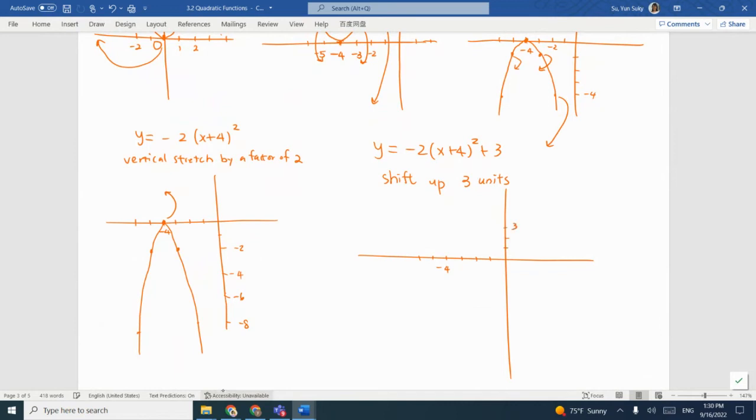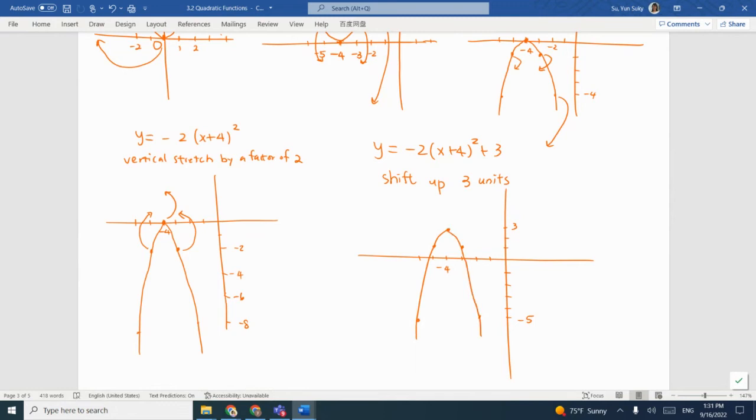And this shifted up 3 units, you get 1, right? And this shifted up 3 units, we get 1. How about the -8? You shift up 3 units, you get what? -5. And which is right here. Okay, we connect them.